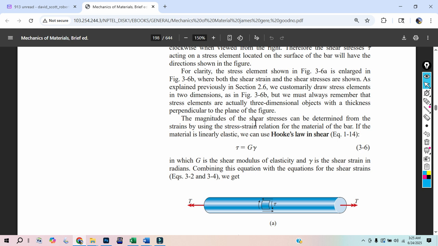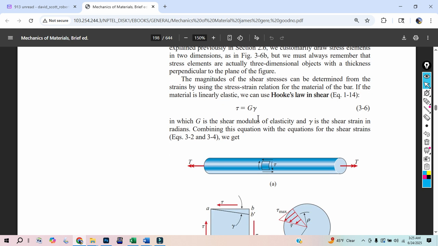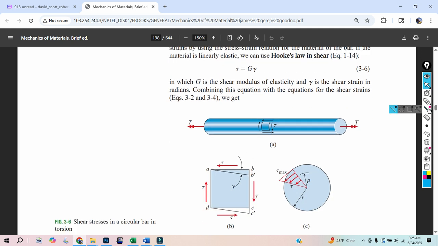So the magnitude of the shear stresses, they're talking about those shear stresses, tau. Think force on the side of that area. Cool. And the other thing about this that is important: this isn't a square, it is a cube, so draw the cube and then put a force on it.